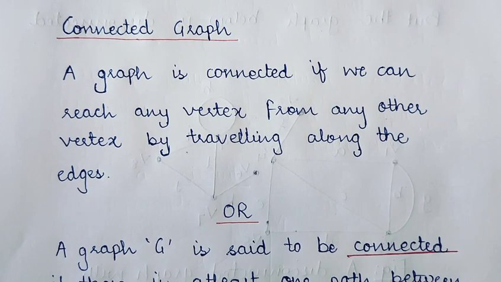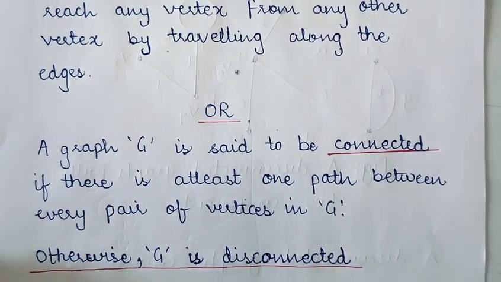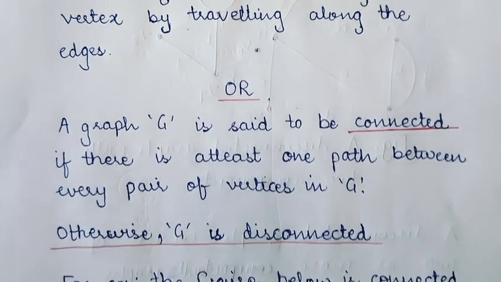Two vertices may be connected by a path to each other via indirect paths. Those paths need not be direct paths. So the basic condition here is that the vertices need to be connected via a path. That path can be a direct path or that path can be an indirect path.